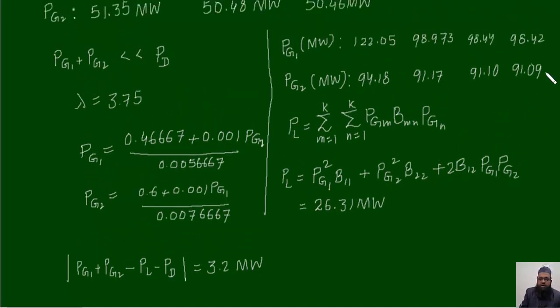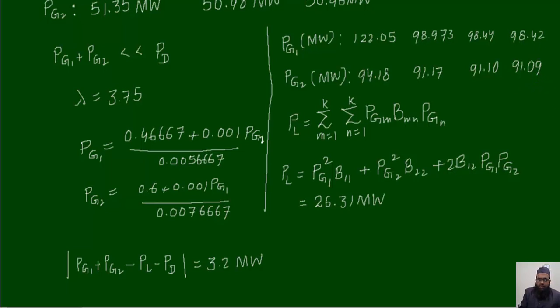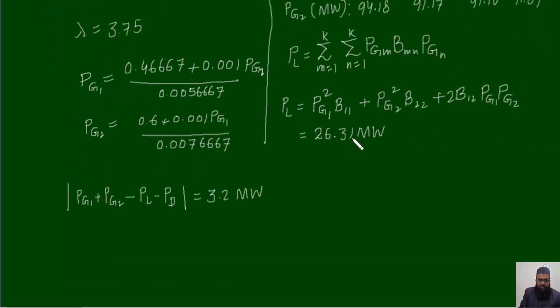The corresponding generations we have obtained as 98.42 and 91.09, and the corresponding loss is this. So now we are getting more generation than the demand plus loss. So this is not economical. We are investing excess money on excess generation than required. That solution will not be economical, although we can fulfill the requirement, but we have some excess energy.